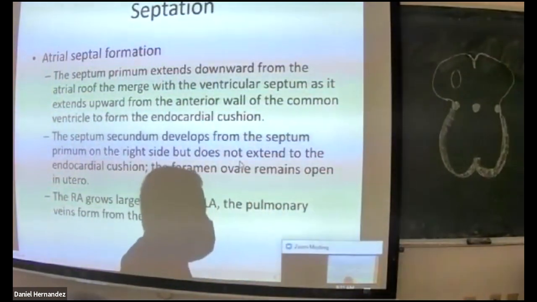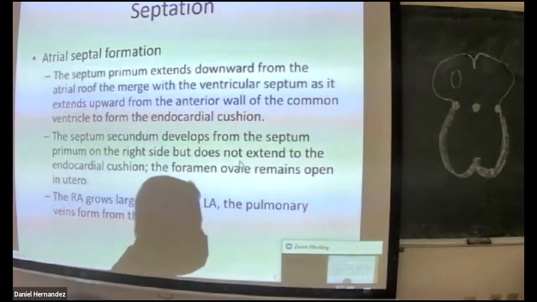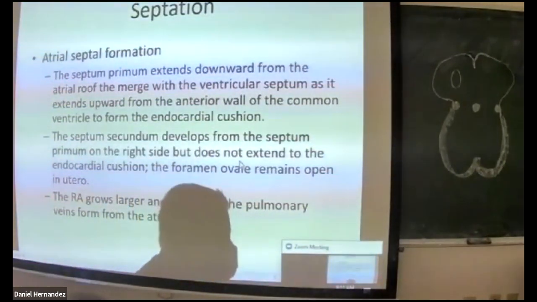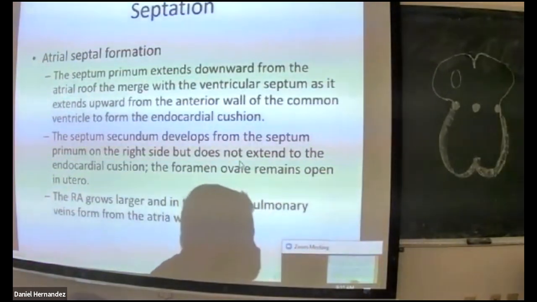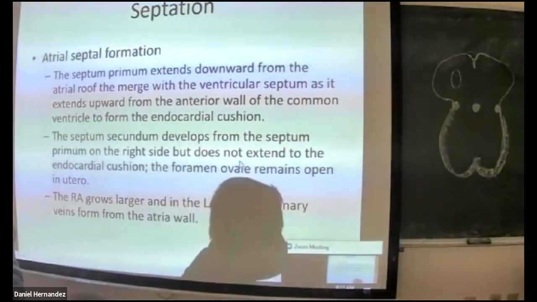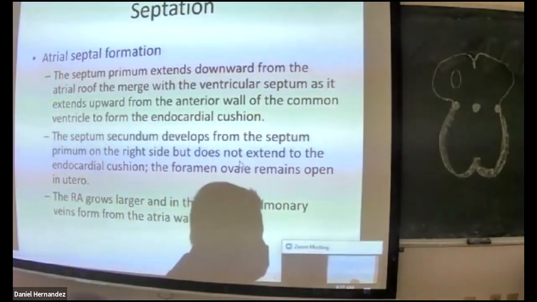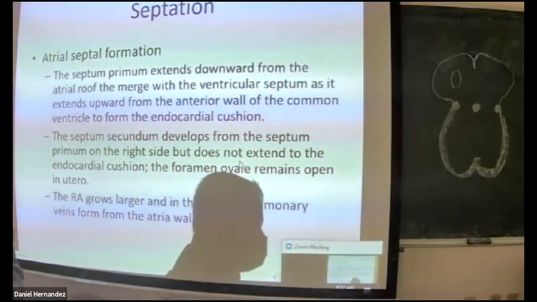So, atrial septal formation. The septum primum extends downward from the atrial roof to merge with the ventricular septum as it extends upward from the anterior wall of the common ventricle to form the endocardial cushion.